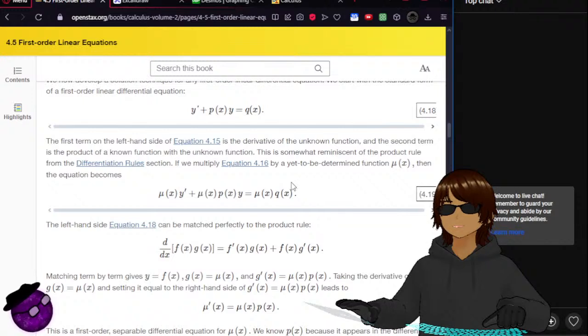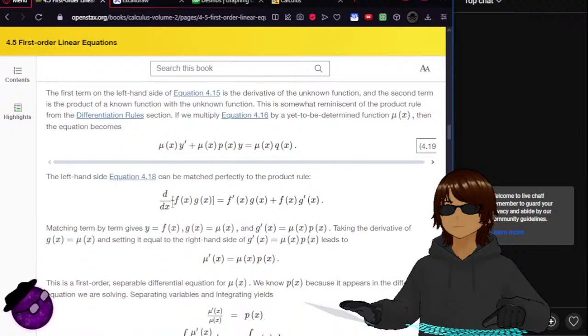If you multiply equation 4.16 by a yet to be determined function u(x), then the equation becomes u(x) y' plus u(x) p(x) y equals u(x) q(x). The left hand side can be matched perfectly: derivative of the first times the second.